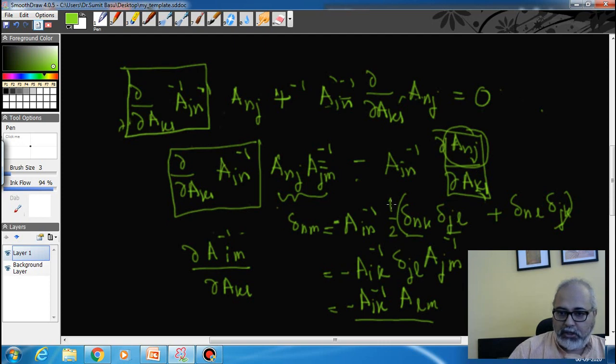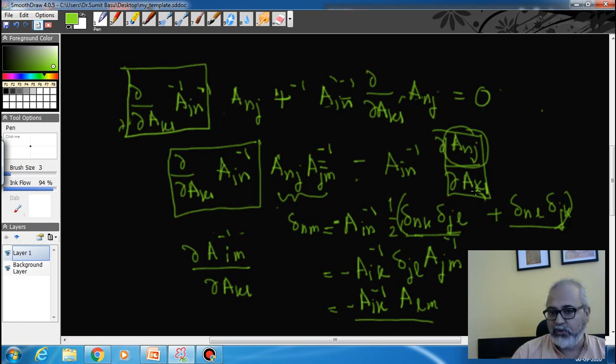So why this half? Because both of these would give you the same answer, and the actual answer is half of that. So we are taking care of both the possibilities here, and halving it, so that the end result is the same as for a non-symmetric tensor.